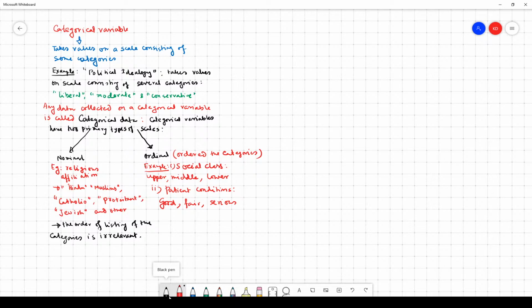Construct an example with categories which we cannot order, or where order is irrelevant.